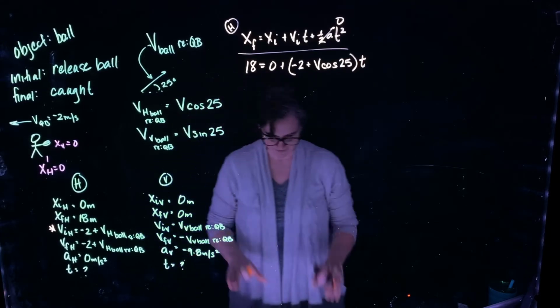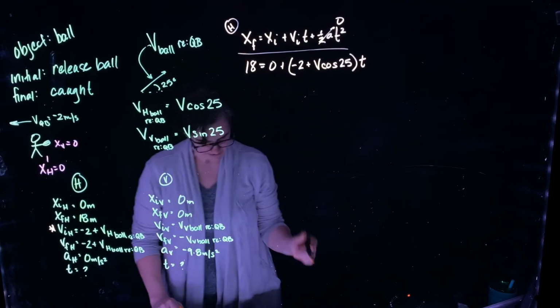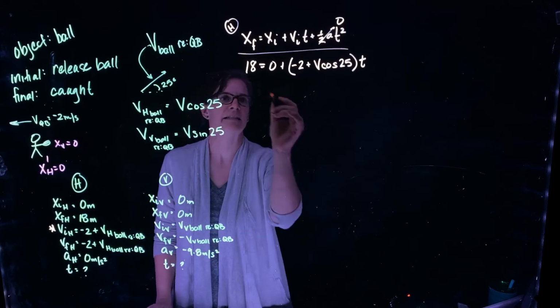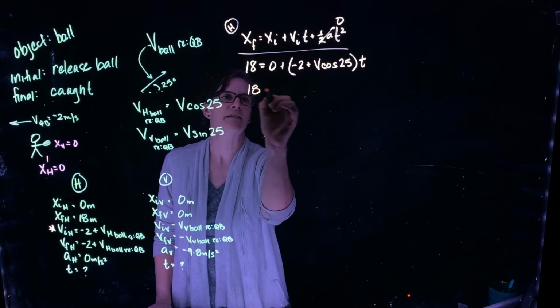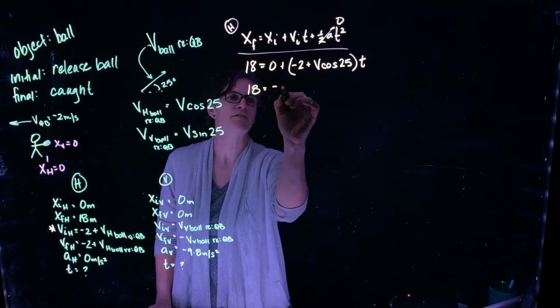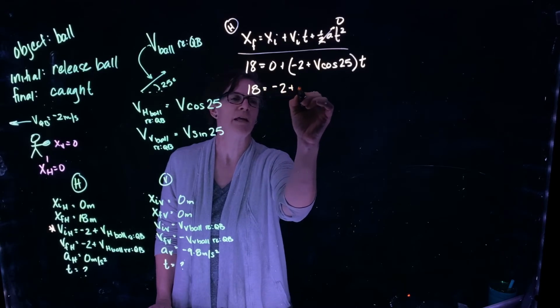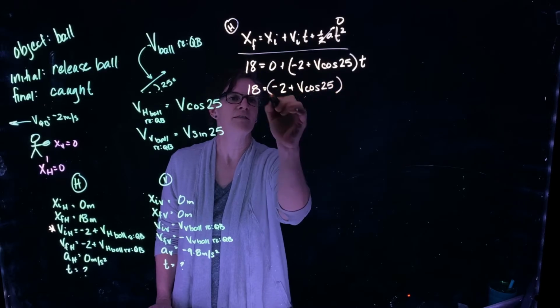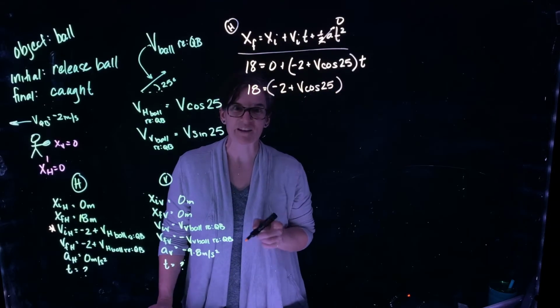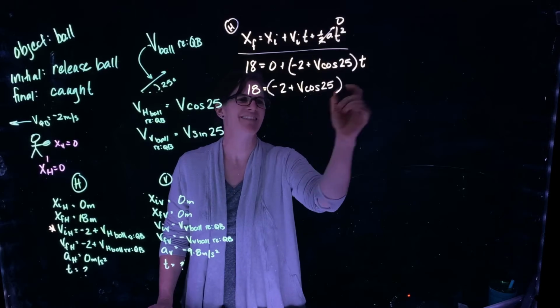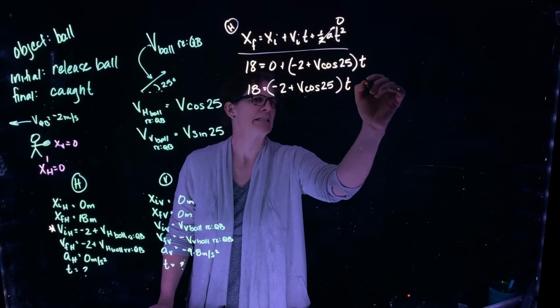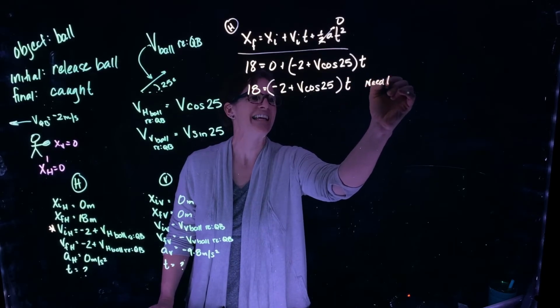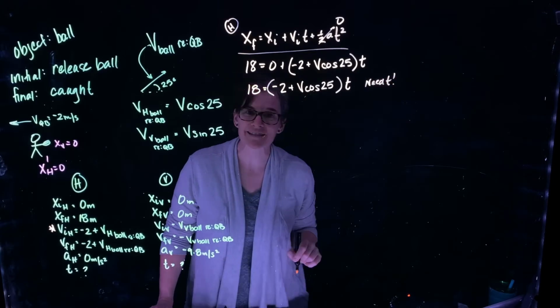All right, so I'm going to simplify that. And I get 18 is equal to negative 2 plus the velocity of the ball times the cosine of 25 times t. But I need t to solve for that velocity of the ball.